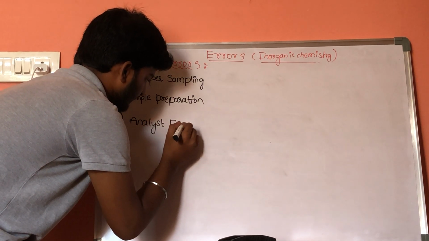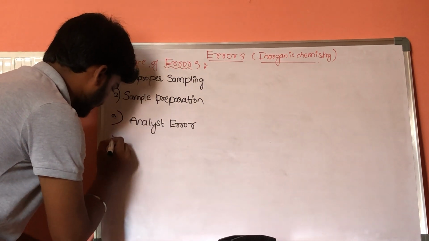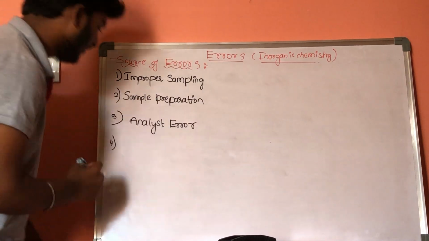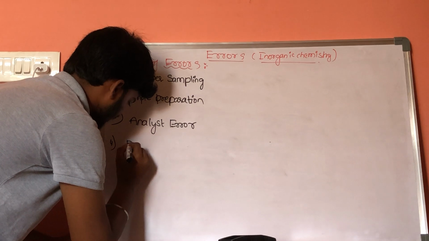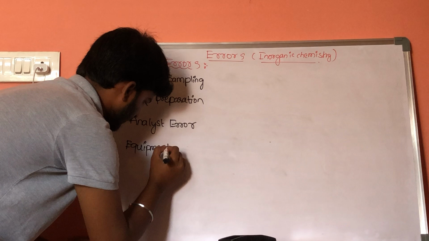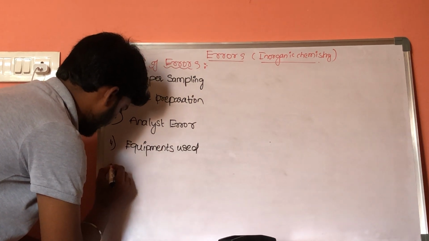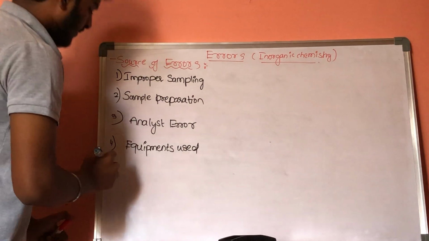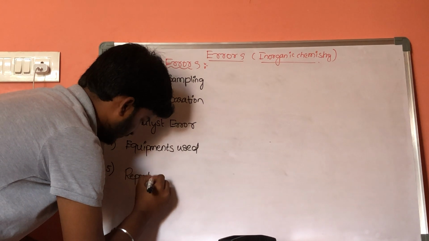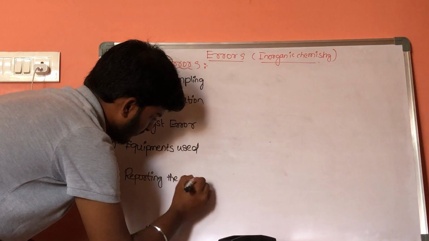Analyst error. Now fourth one is errors due to the equipments which are used in the analysis process. Now fifth one is reporting the final product.